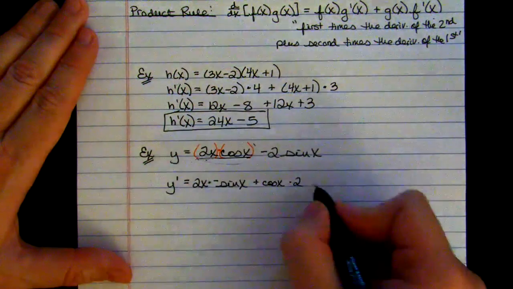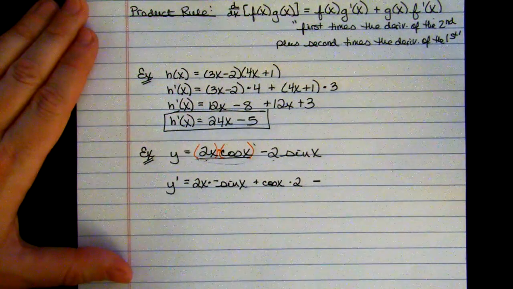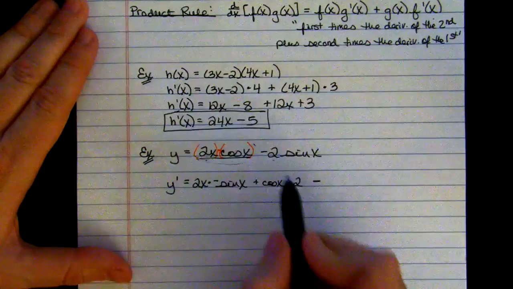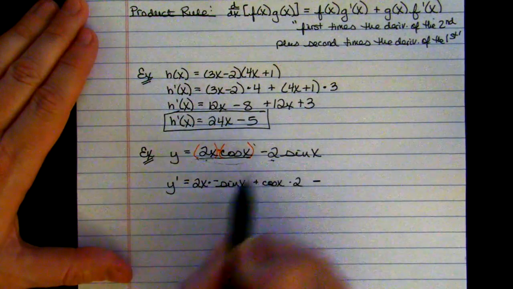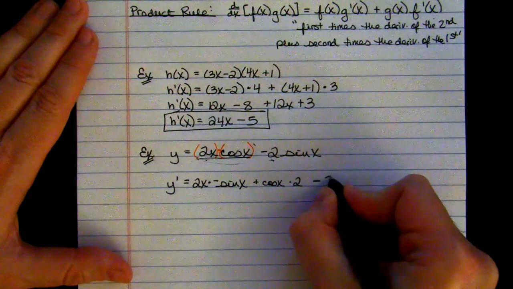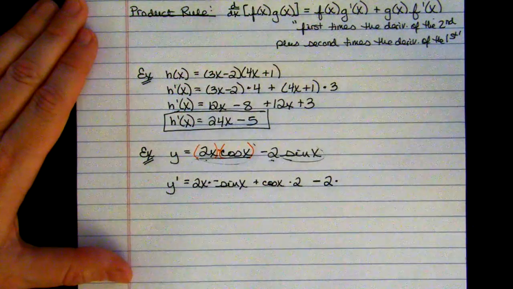Now, on the next piece, 2 times sine x. I could use my product rule. However, since one of the parts of the product is just a constant, how about I just use my constant multiplier rule that says, let's do 2, leave that out front, times just the derivative of this thing.